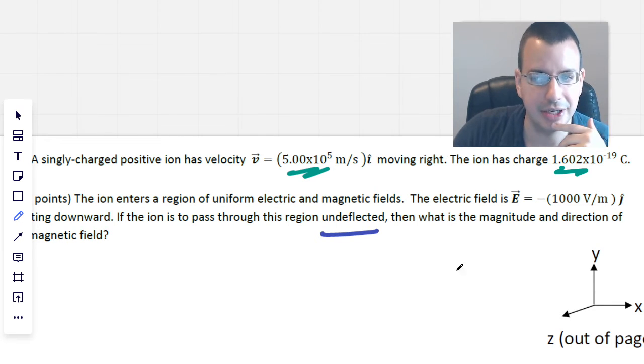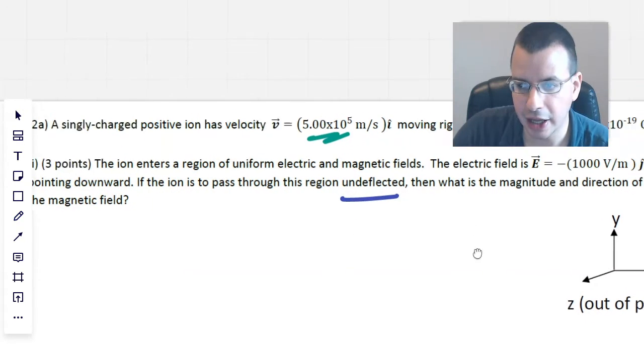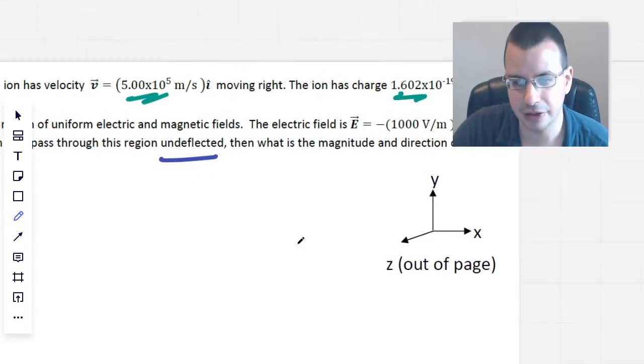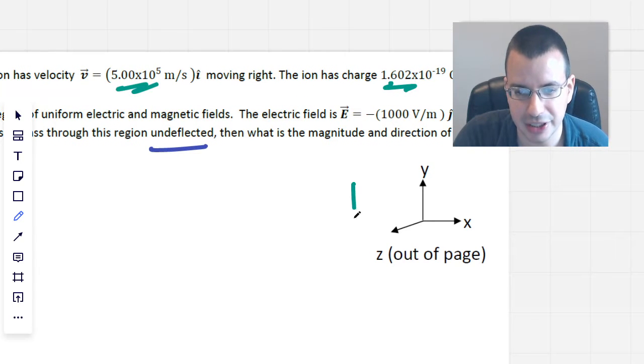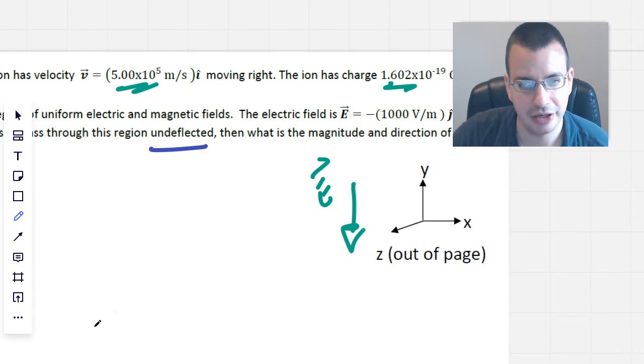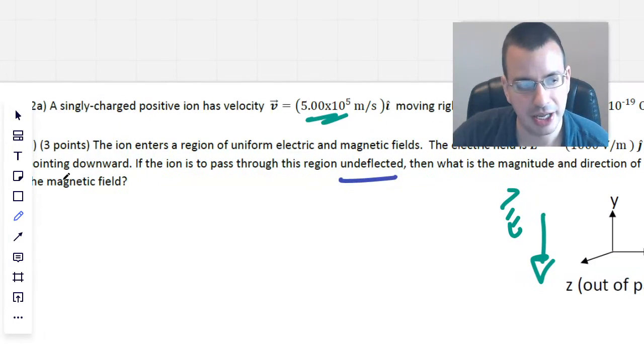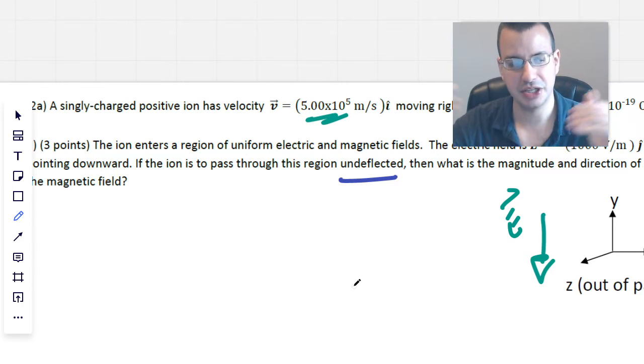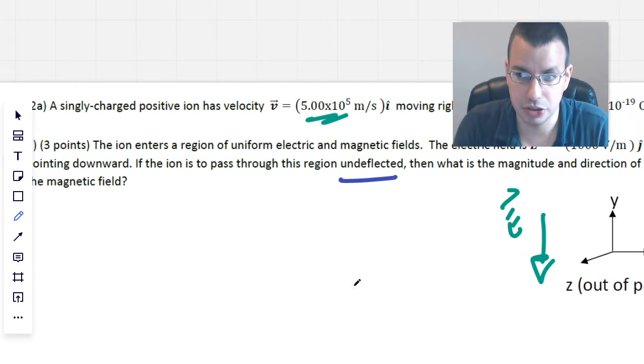But I kind of like it because it reinforces that they know what they're talking about. I'm going to assume the electric field is pointing down like this, because when they say it's in a negative J direction and then say pointing downward, I'm assuming that's being redundant and not a double negative.